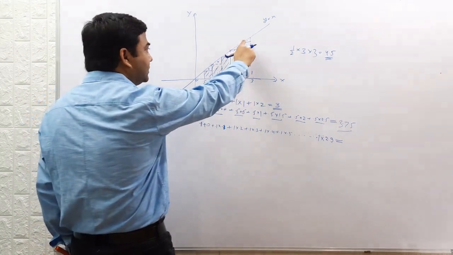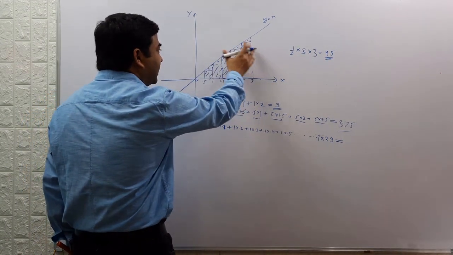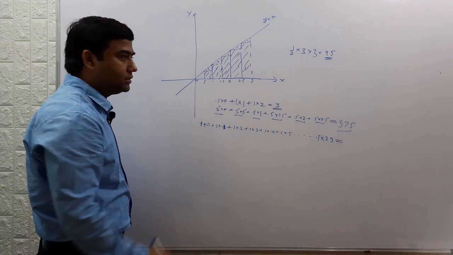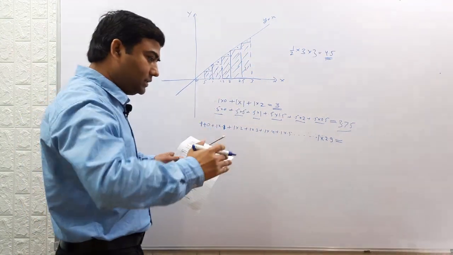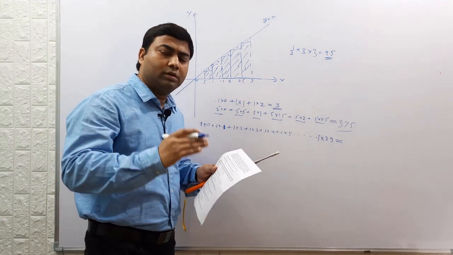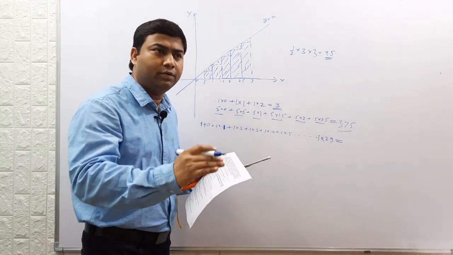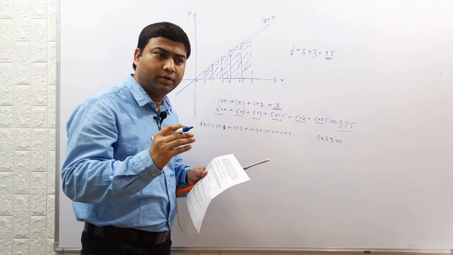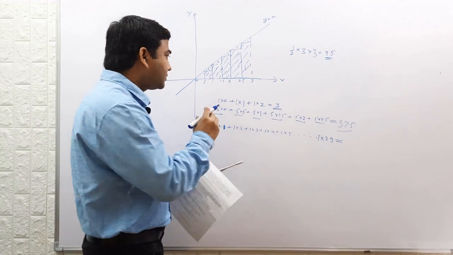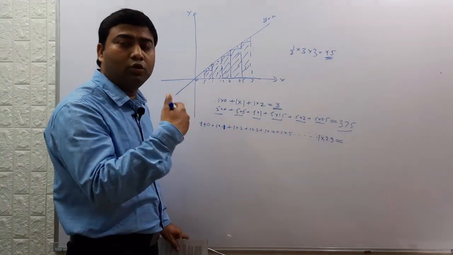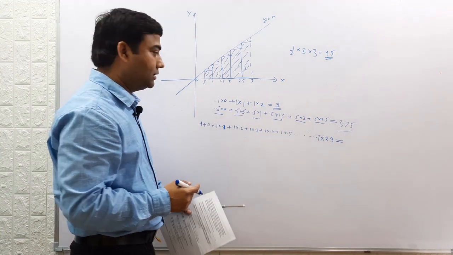Thin rectangles under this whole triangle. So we have divided this triangle into more rectangles, increasing the number of geometric shapes, so we will be closer and closer to the actual area of the triangle.